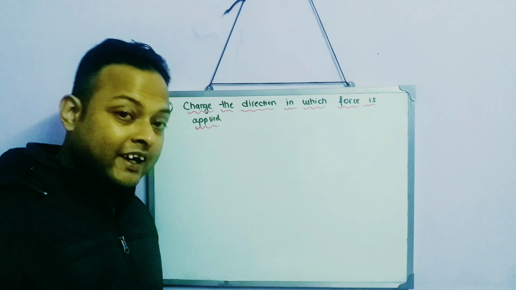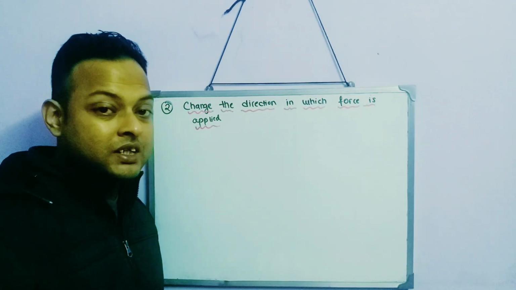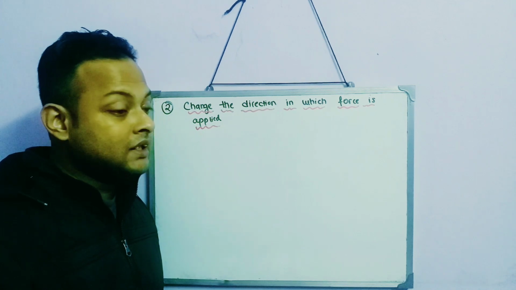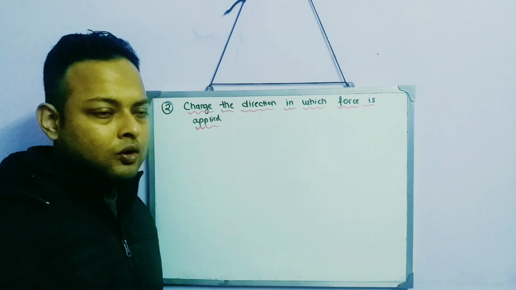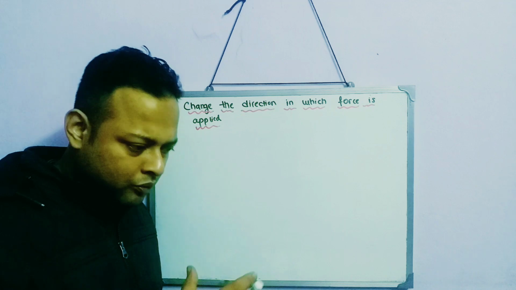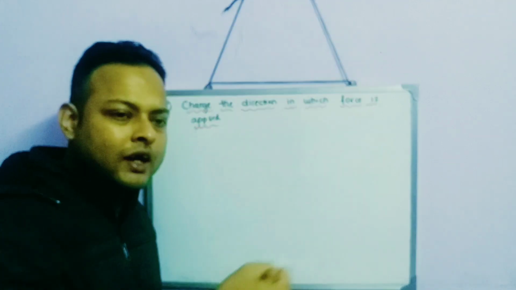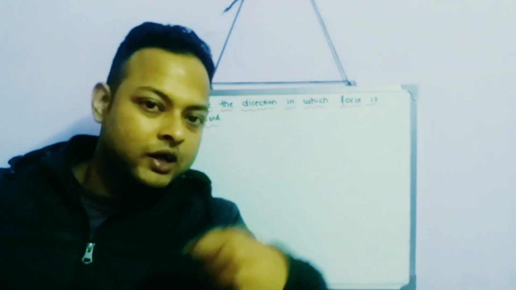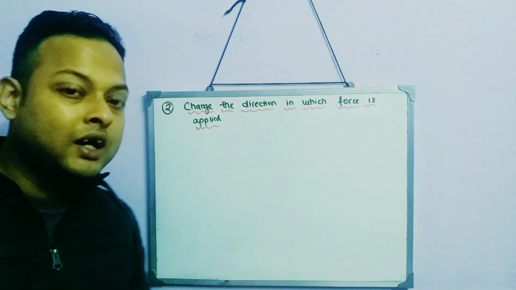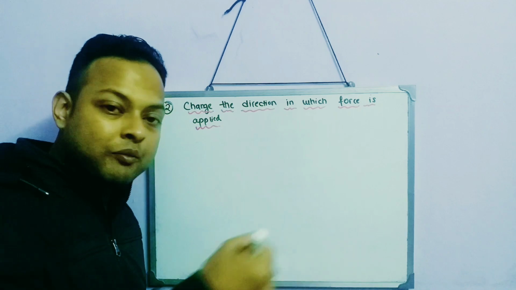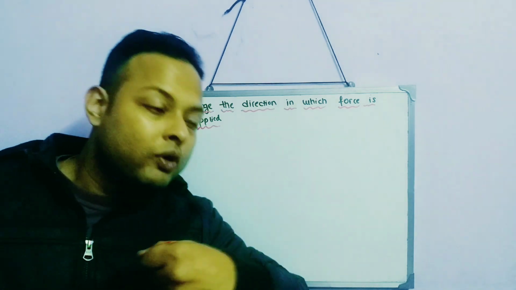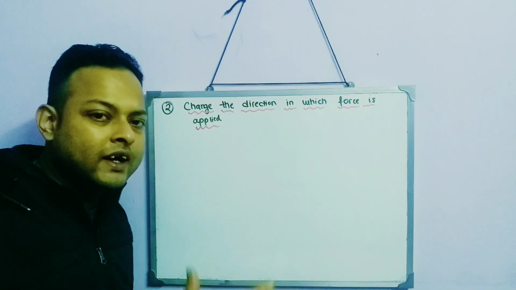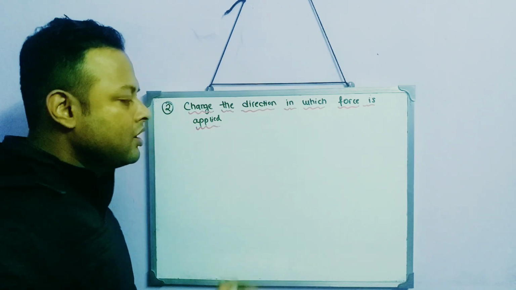Now the second purpose of a machine is to change the direction of force, change the direction of applied force. Suppose in this way applying the force is difficult, but in this way it is easier. So we will make a machine, instead of applying the force in this way, we will apply the force in the other way. Let's take an example to understand this.